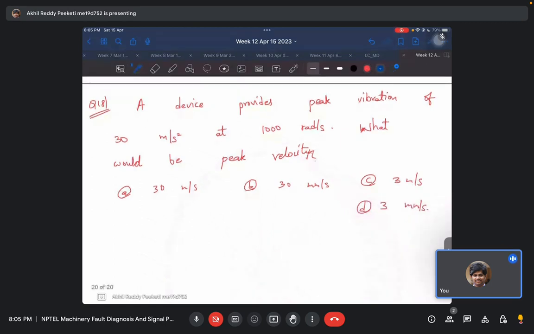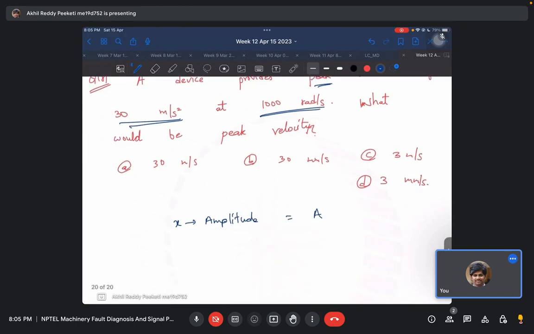So we are given the peak vibration and the frequency. What should be the peak velocity? So what is the amplitude, x amplitude? If it is a, then x dot amplitude is a omega, and x double dot amplitude, acceleration amplitude, is a omega square.